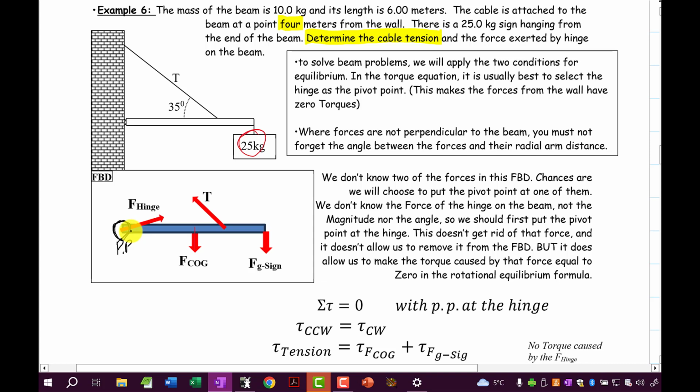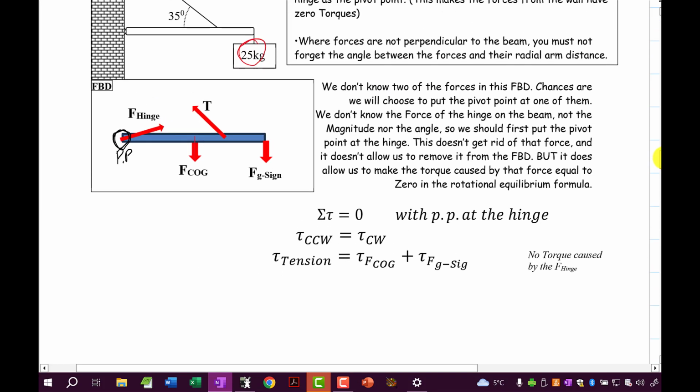Not that it gets rid of that force in our translational formulas, but it gets rid of that torque in the rotational formulas. And that's what I just described here.